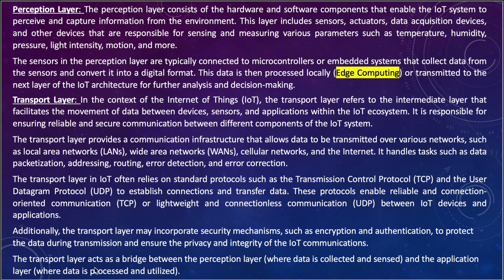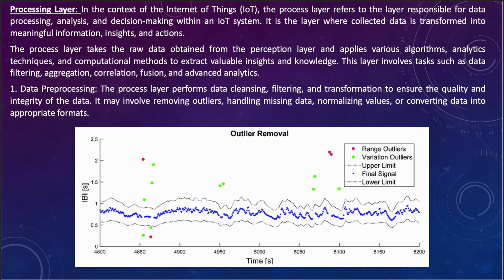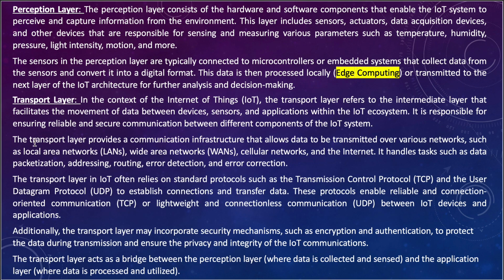The transport layer acts as a bridge between the perception layer, where data is collected and sensed, and the application layer, where the data is processed and utilized, right. So that is the basic understanding of the transport layer or the network layer itself.